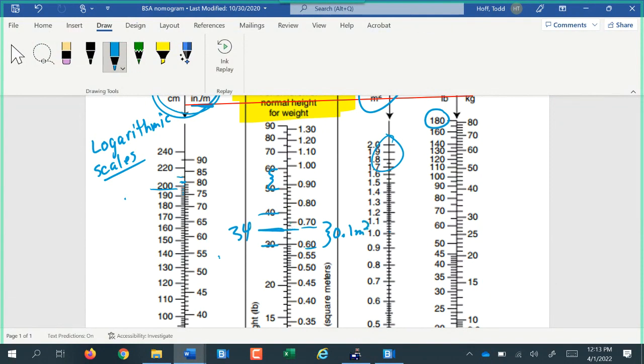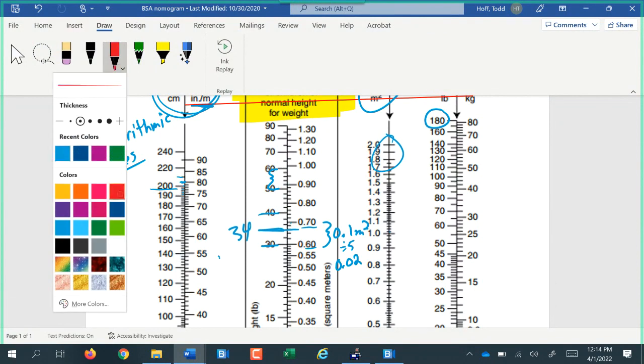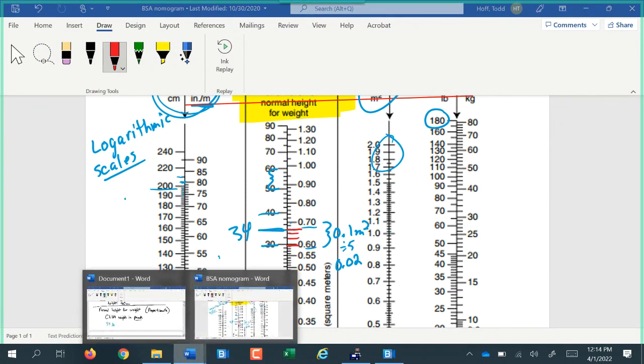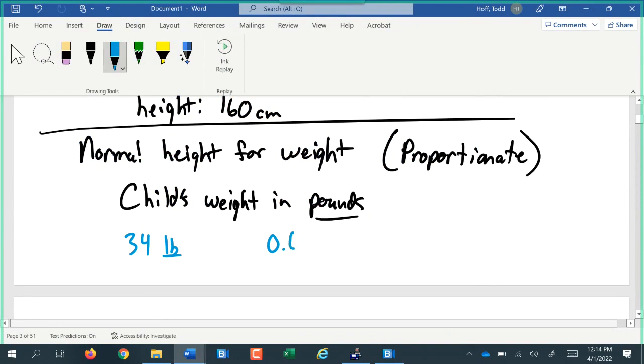There are 5 spaces, so we divide by 5. Each space is 0.02 meters squared. So this is the 0.6, 0.62, 0.64. About 0.66 is that body surface area. So the quick estimate for that child would be 0.66 meters squared of body surface area.